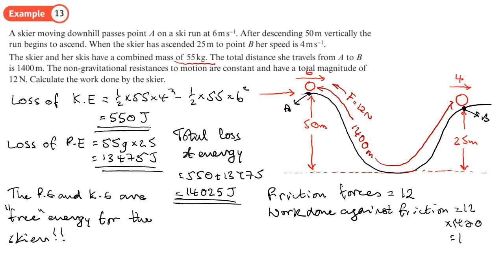Now this work done against friction has to be done. This is not free. It doesn't get given to them. You've always got to work against friction, but they get given for free this energy from kinetic energy by slowing down, and potential energy by dropping some height.